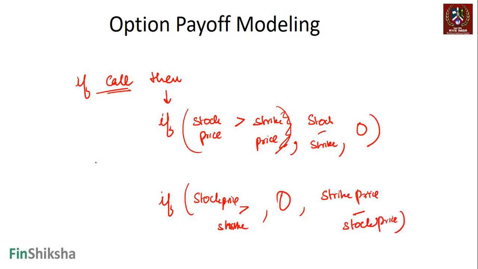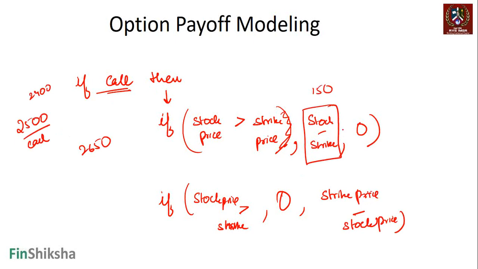Take an example. Let's say we are looking at the 2500 call, and the spot price is 2650, right? Then I take stock minus strike. That's 150 is the profit. If the stock price is 2400, if it is call, then it's zero, right? If it was a put option of 2500 and the market price is 2300, then it's not call, so it goes into this loop and we check if stock price is greater than strike.